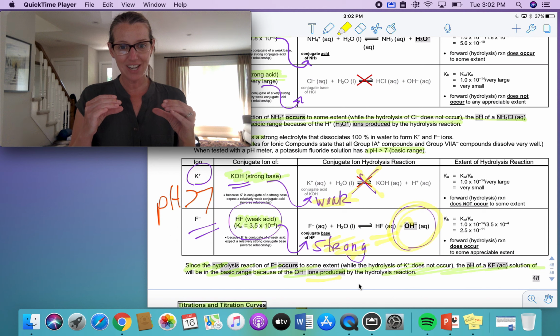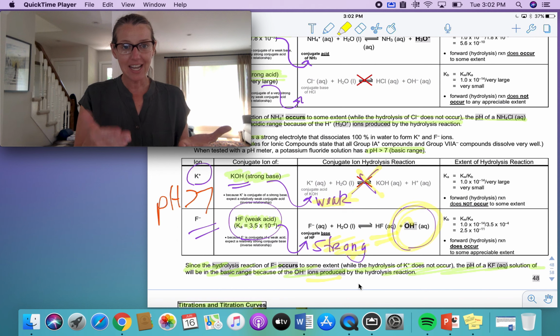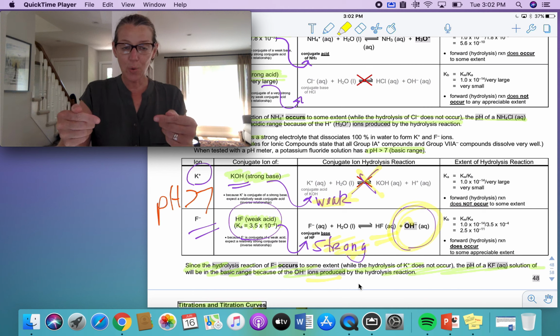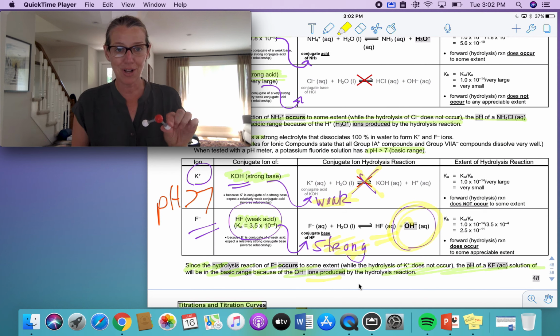When that neutralization reaction occurs between a strong base and a weak acid, the pH will actually be in the basic range because of the excess hydroxide ions that are there. Okay, you still have reached the neutralization point, but it just means that you better choose an indicator that's going to change color when you know it's going to happen because of the effect of these conjugate salts that happen to be in the solution, and they can affect the water molecules that are there.